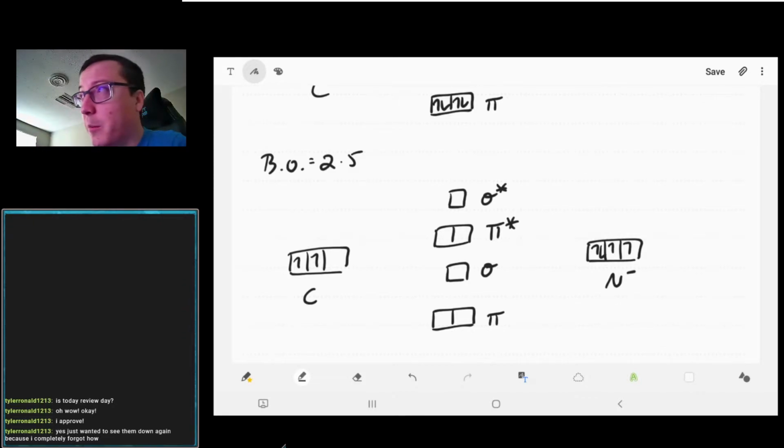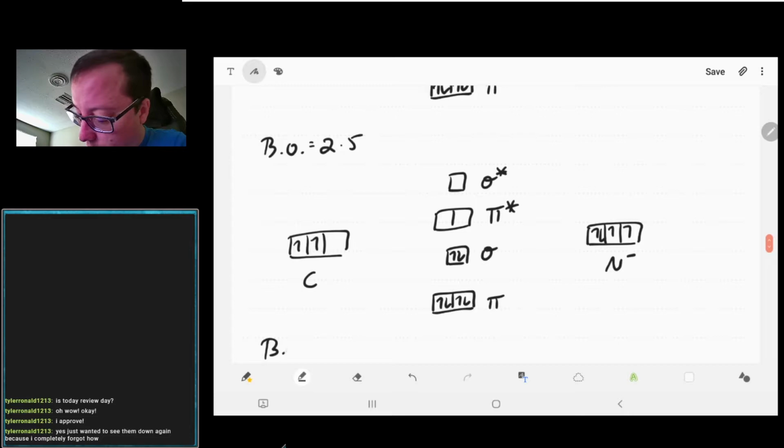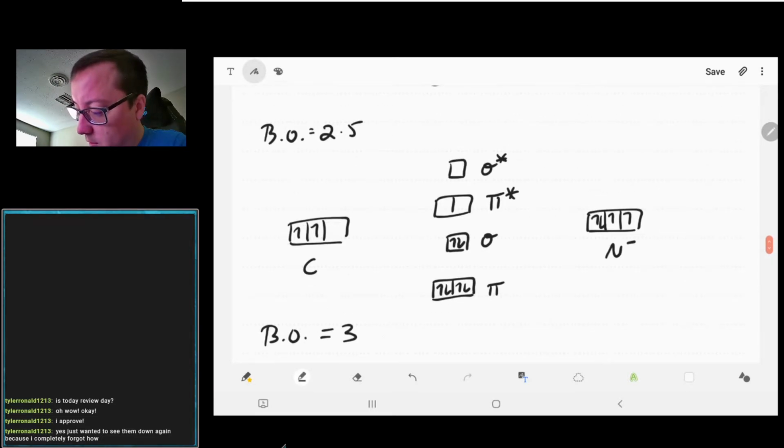You could make carbon the minus one. Who cares? And in fact, in the polyatomic ion, that is the negative one anyway, but that's okay. If we look here, we have 6 total electrons. 1, 2, 3, 4, 5, 6. We have a bond order of 3. That one is going to be the most stable of all of them.